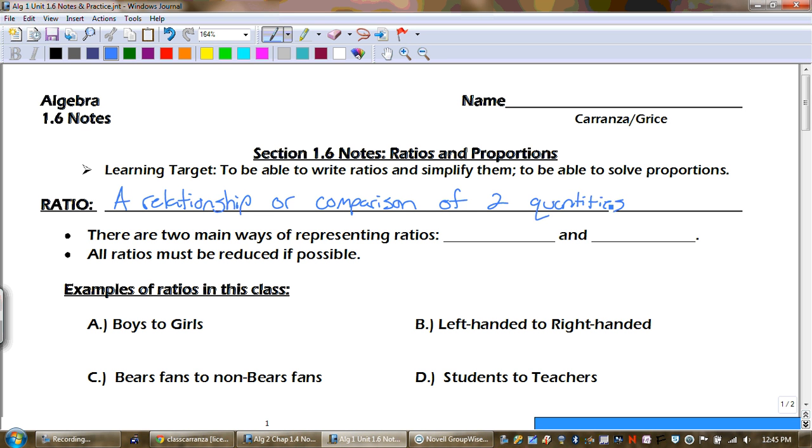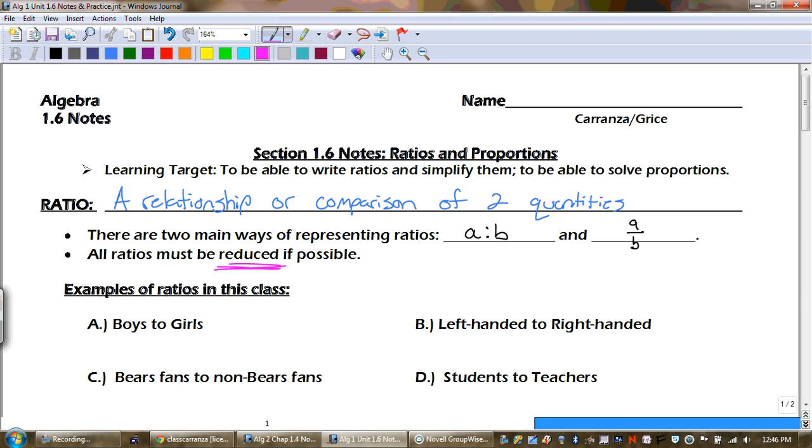Okay, and there are two main ways to represent a ratio. We can write it using a colon, A to B, or we can write it as a fraction, A over B. The key thing is, no matter which one you do, you always must reduce if possible.